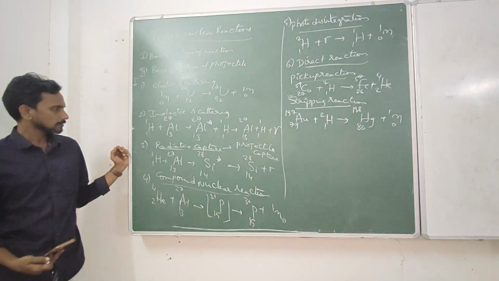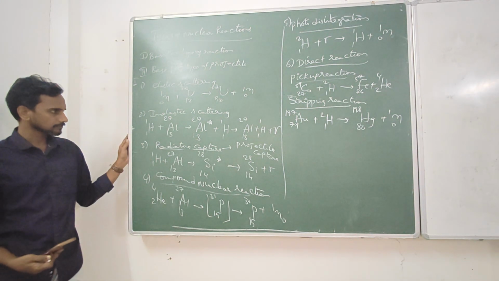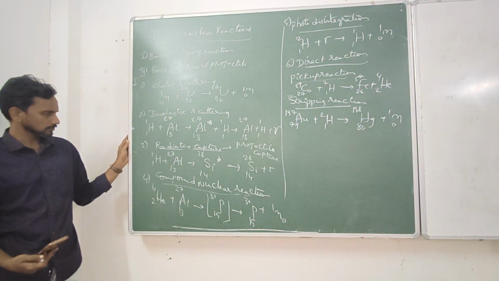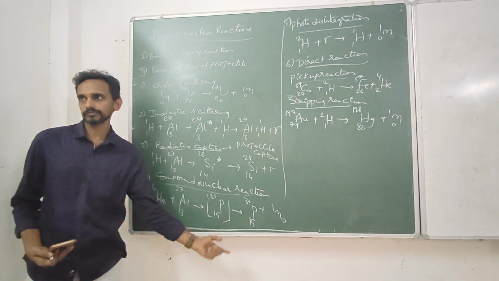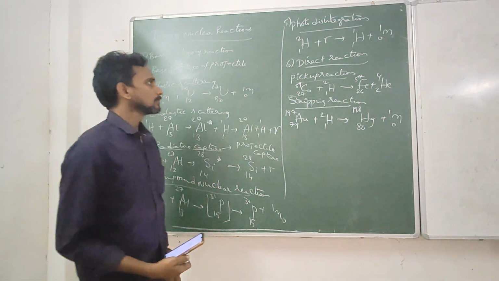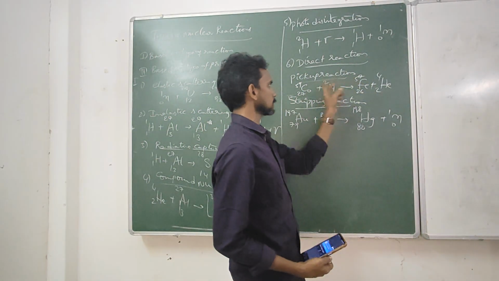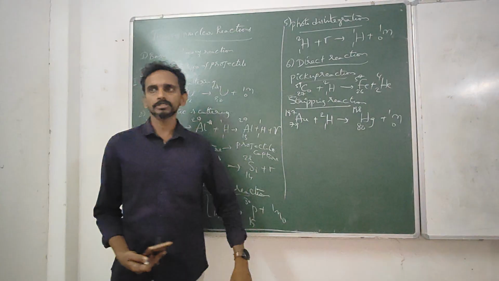Radiative capture, the projectile is captured, releasing radiation. Compound nucleus, so there is a time lag in between. And direct reaction, so here the reaction takes place instantaneously and nucleon exchange is taking place.